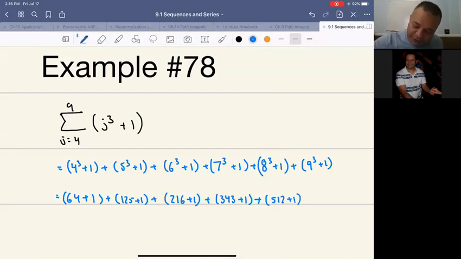And 9 to the third is 729. Okay, so I'm just adding these up, and I get 1,995.